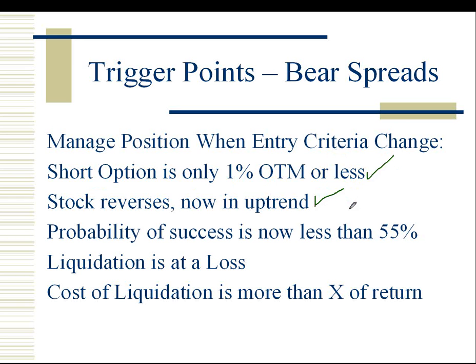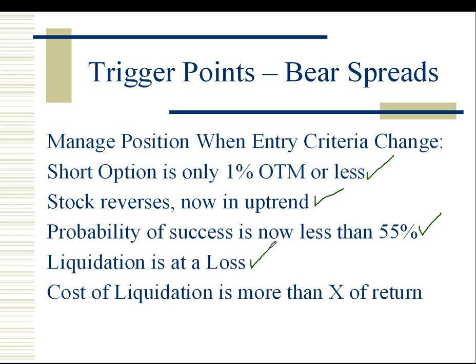If the trend reverses, remember when we looked for a stock that was maybe below its 20-day or 50-day moving average, now if the stock starts to go above its 50-day or 20-day moving average, that would be a warning sign to potentially manage the position. If the stock starts to move against us and our short call for the bear call credit spread now only has a 55 or 60 percent probability of expiring worthless, that might be a trigger to manage the position as well.